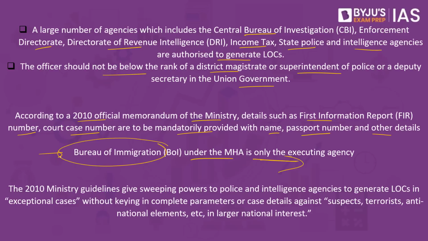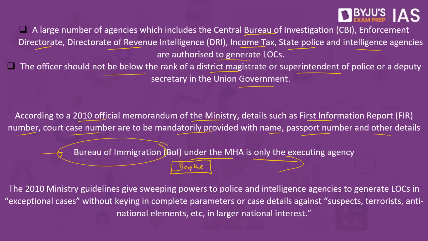Now what we have to understand is, from the year 2010 and even before and after that as well, a number of people have been escaping and evading the law. For example, we have Vijay Mallya, Nirav Modi, and Choksi as well. These people are wanted by the banks in India. So under the guidelines that were issued, banks are also given the power to issue LOCs.